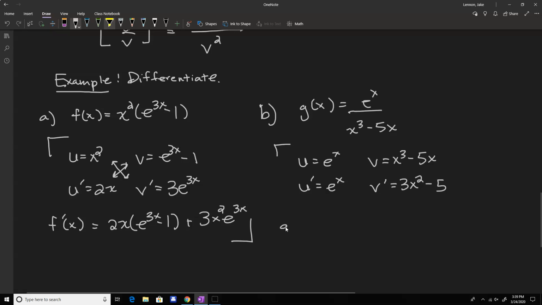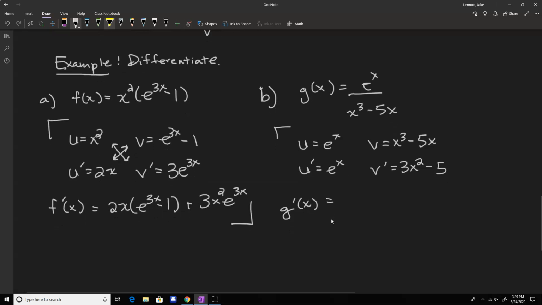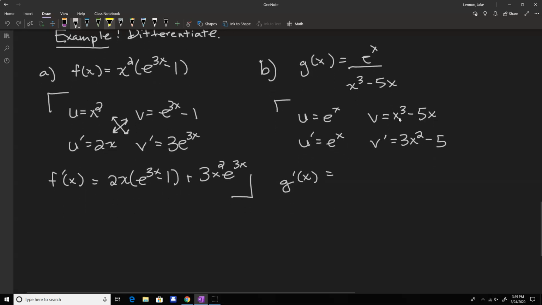So according to the quotient rule, how does this go? Well, again, the order matters on top because there's a subtraction, which is not going to be commutative. So we need first u prime times v, so that's my x cubed minus 5x times my e to the x, which is u, and then I need to subtract v prime times u, so that's 3x squared minus 5 times e to the x, and then I'm dividing everybody by v squared.